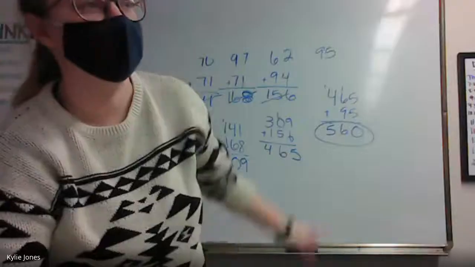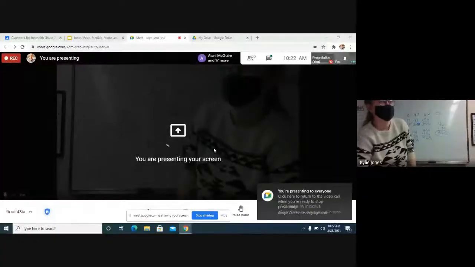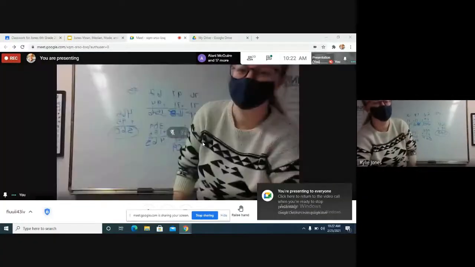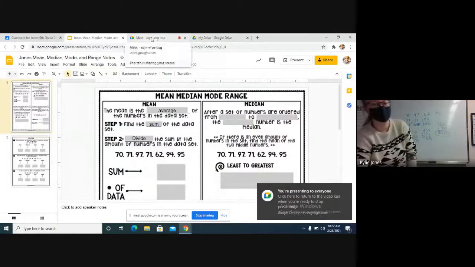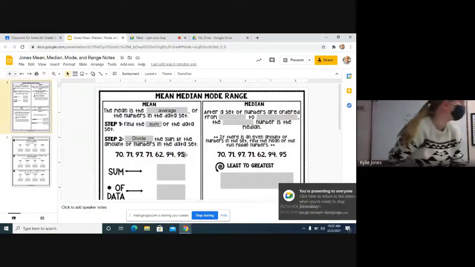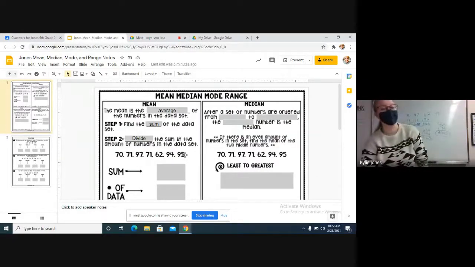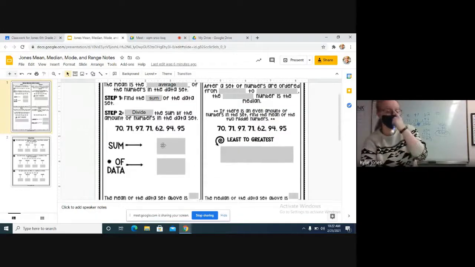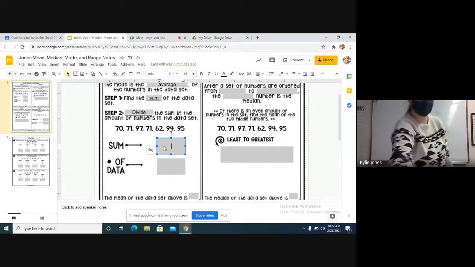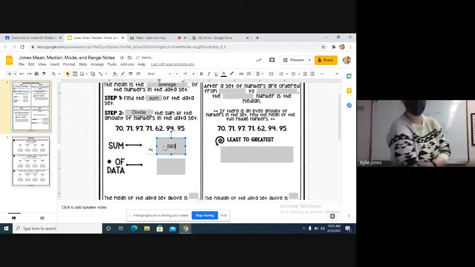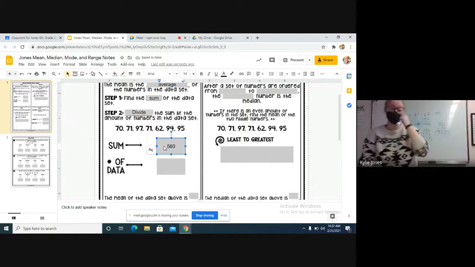It equals 560. Well, we'll get there. Let's stop skipping ahead. So, on our notes, Skylar, please stop typing on the thing. Thank you. Where it says the sum, we need to put in the sum. What did we get? 560. Perfect.